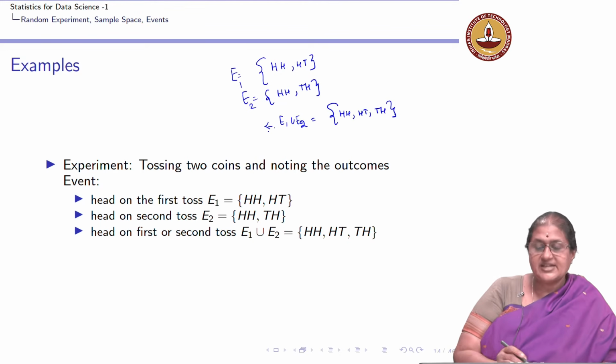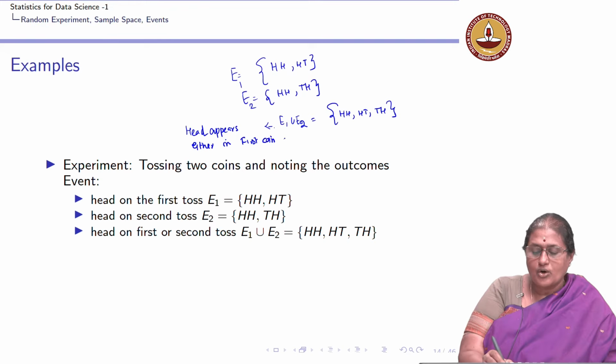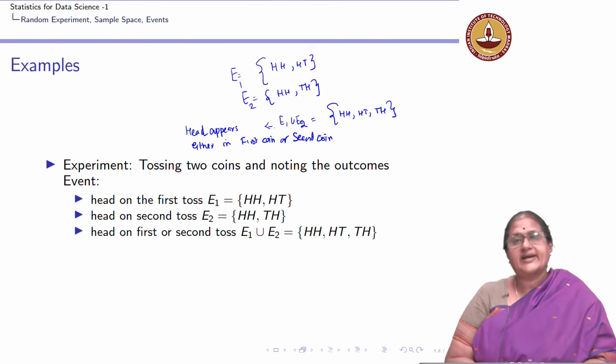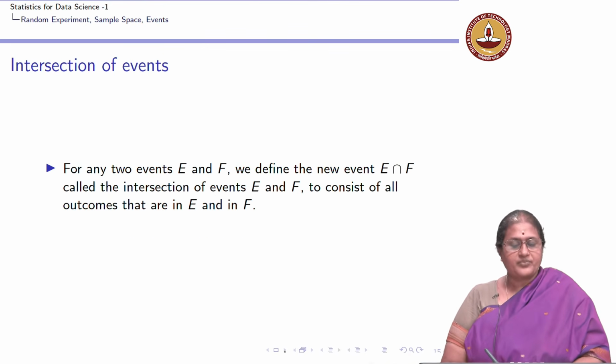So, this tells that head appears either in my first toss or in the second toss, in the first coin or second coin. That is how we can express this event E1 union E2.